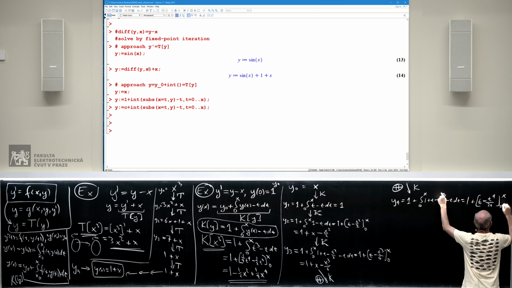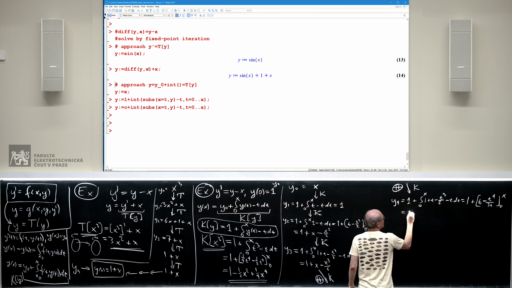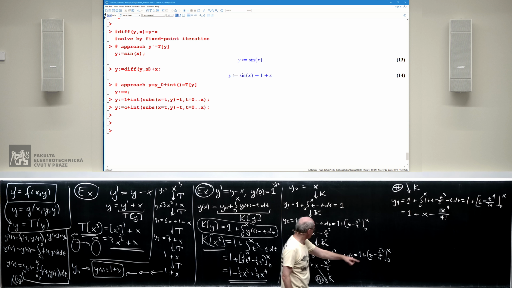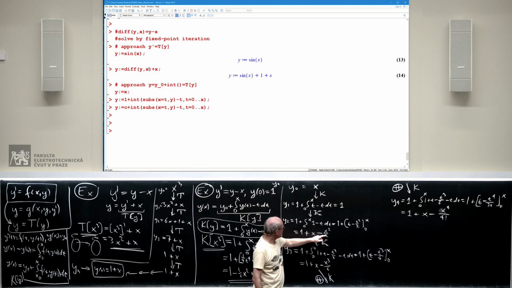And I'm getting mightily suspicious, so I'm going to write it in a slightly different way. This is actually x to power 4 divided by 4 factorial. And it fits. x squared divided by 2 factorial, x cubed divided by 3 factorial.